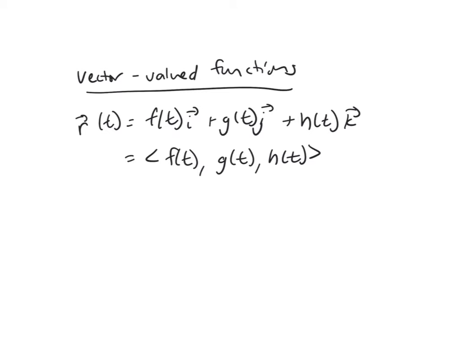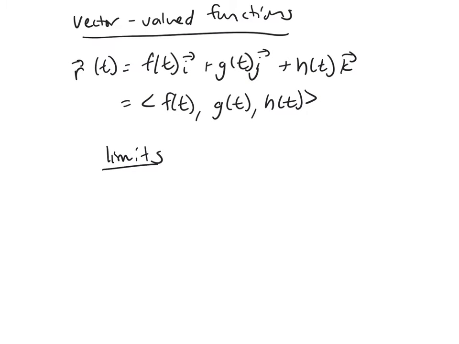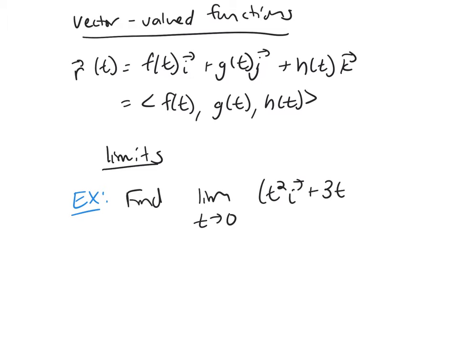And so now let's talk about how we took limits of these vector valued functions. Let's look at an example. Find the limit as t goes to 0 of t squared i plus 3t j plus (1 minus cosine t) over t k.